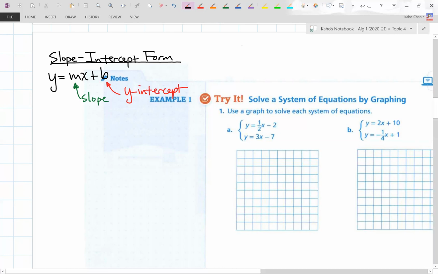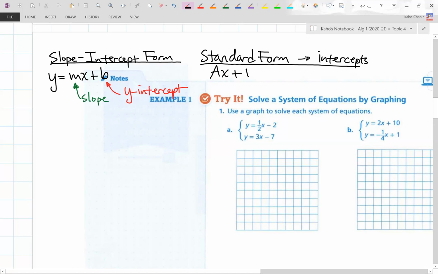Sometimes the equations of linear functions are given to you in standard form. When they're given to us in standard form, we probably want to use x and y intercepts to graph it. The other option is to convert it to slope-intercept form. That takes some work as well. Standard form is ax plus by equals c.